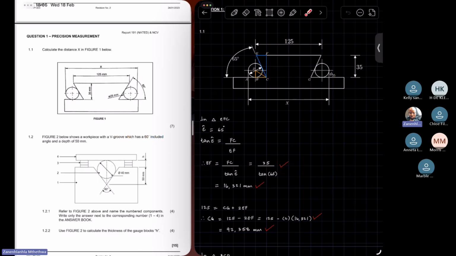Right. So to calculate the distance x, here's the distance x. Which means in order to get the distance x, you must have this whole distance here. Now, of the distance x, we already have this measurement of 125, right? But to make things convenient, I have labeled this here.